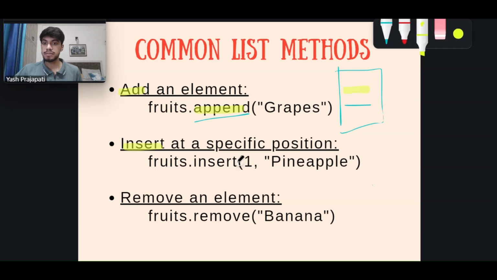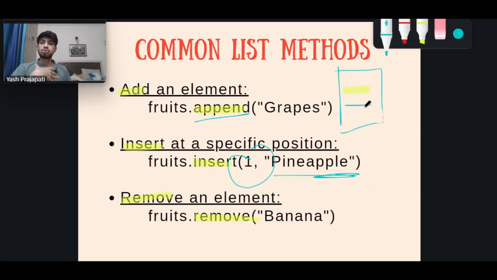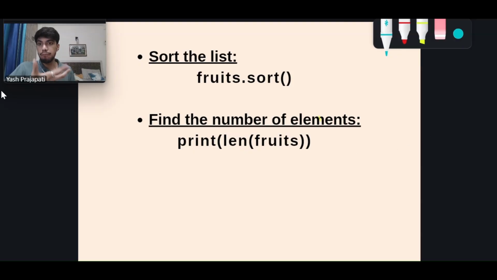So fruit dot insert takes the position we want and the element. For removing, we use remove. Fruit dot remove banana will remove banana from the list. Simple.